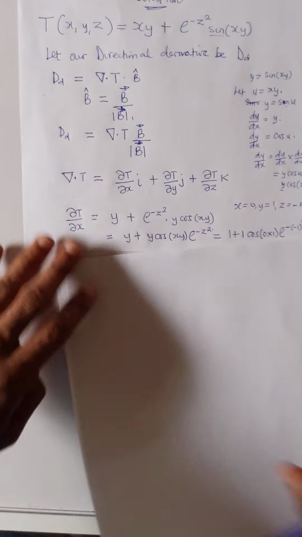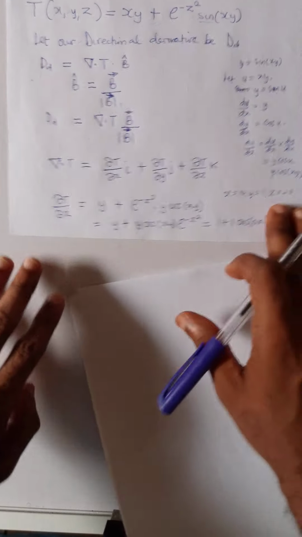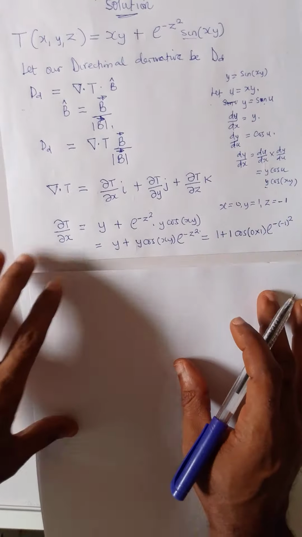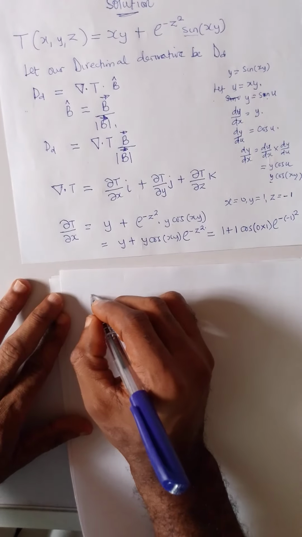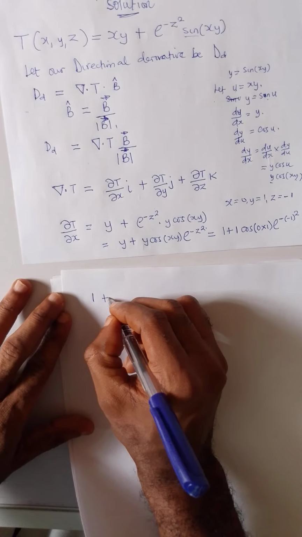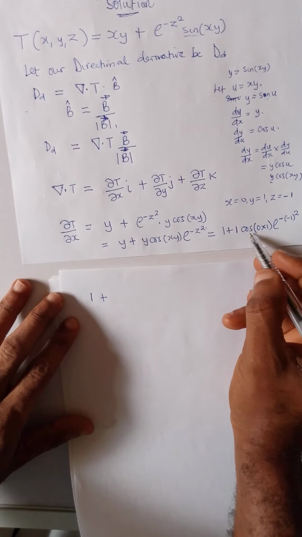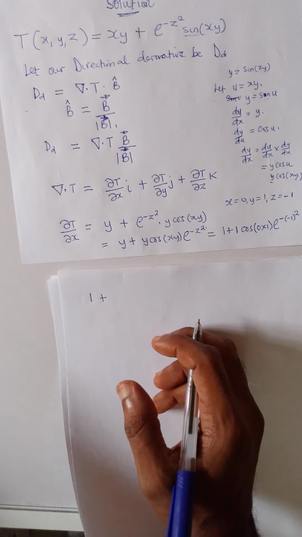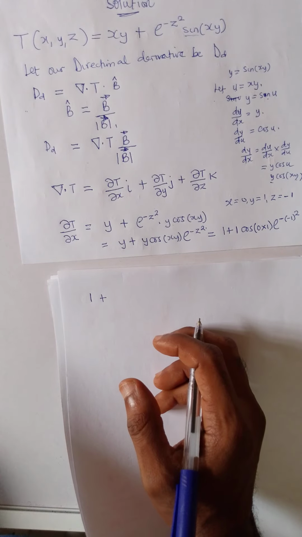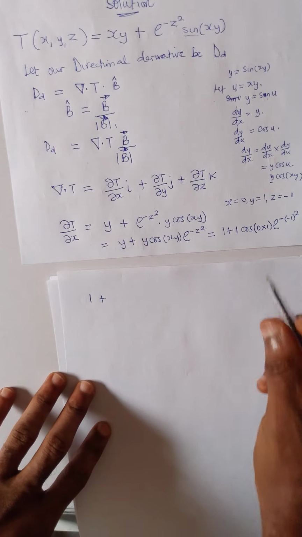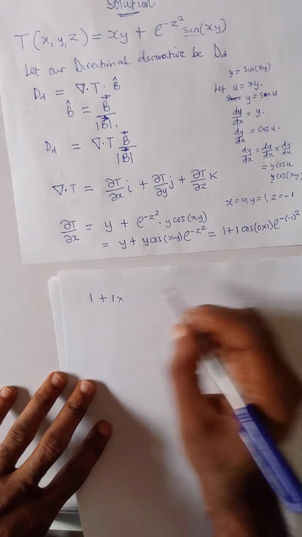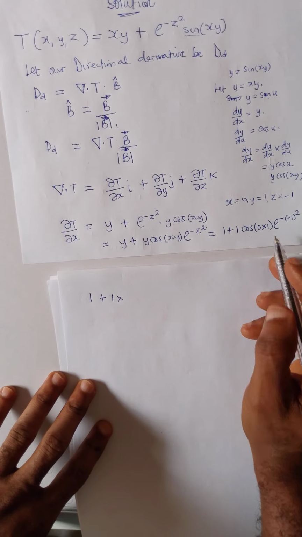From here, we have 1 plus cos 0. What is cos 0 going to give us? Cos 0 is 1, because we have 1 plus 1 times cos 0 times 1 is 0.